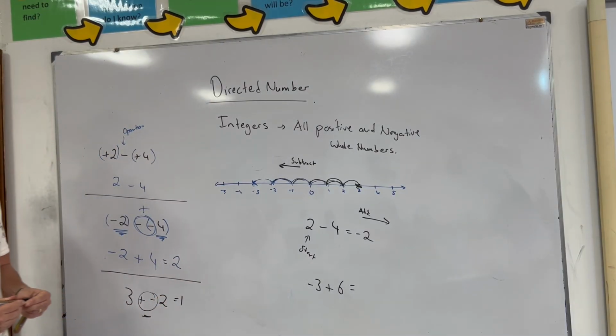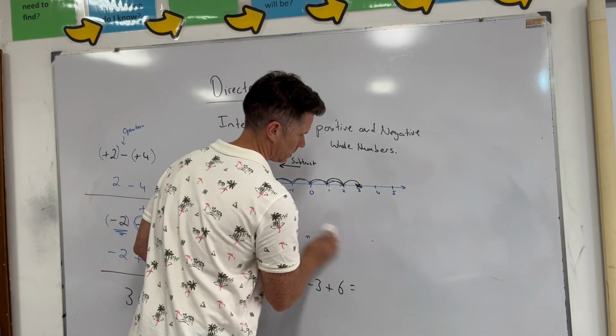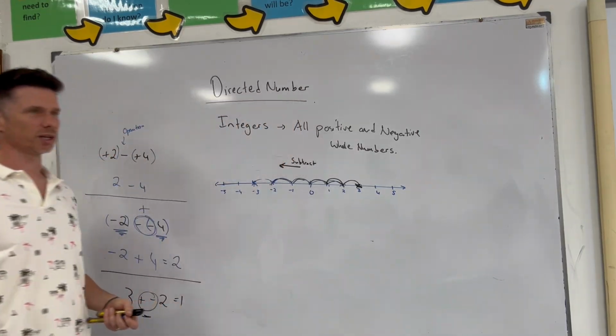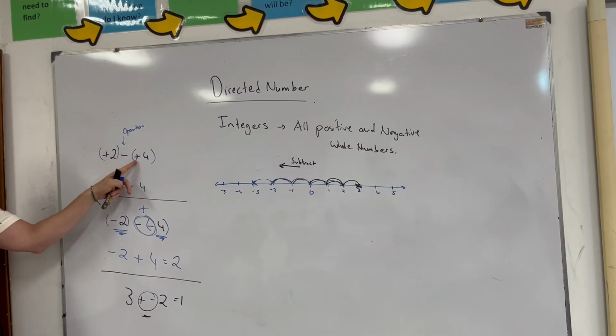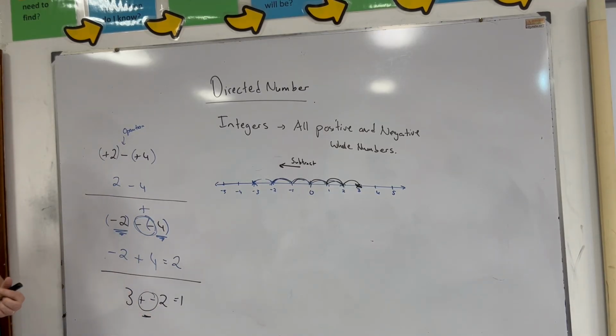So let's create a few rules from this. If I see signs in a row together, minus, plus, minus, minus, plus, minus, I kind of want just one operation. I don't want to think about 2 operations or 2 things to do.